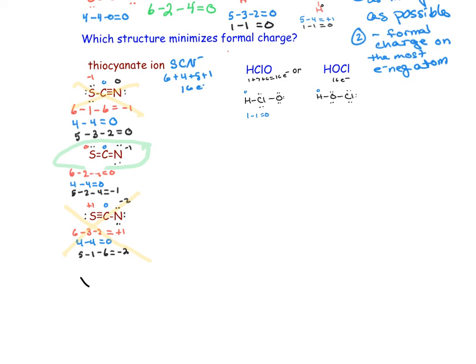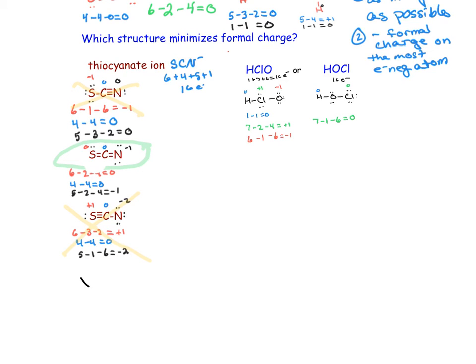Then I'm going to take a look at the chlorine on each one. On the left, I have 7 electrons minus 2 bonds minus 4 is +1. And on the right, I have 7 electrons minus 1 bond minus 6 unbonded is 0. And then if we take a look at oxygen, I have 6 valence electrons minus 1 bond minus 6 electrons is a -1 on the left.